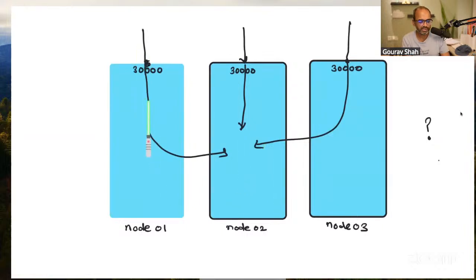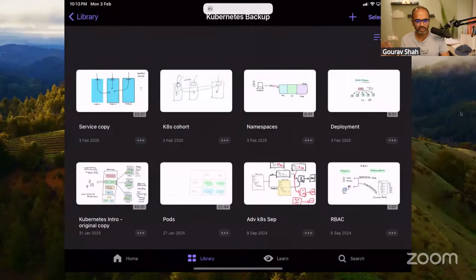When it decides that there is load balancing and I have to send the traffic to a particular pod on a different node, how that is connected is where you have the underlying networking set up using CNI. So I'll quickly explain CNI and we'll stop there. If you have any questions so far?